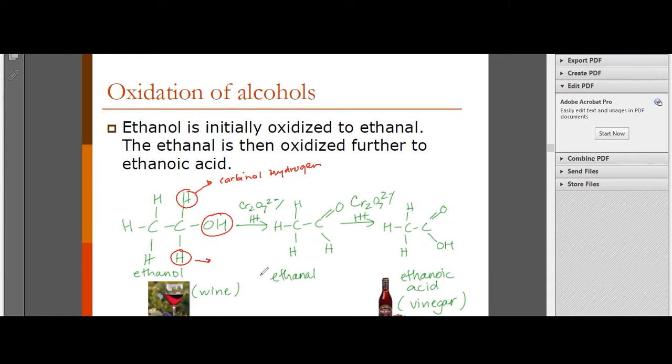Please remember, in the oxidation process, the oxidizing agent, potassium dichromate, will release oxygen. The oxygen from the oxidizing agent will attack the carbonyl hydrogen. Not this H, not this H, but the hydrogen at the C that is bonded to OH. You should understand this first.